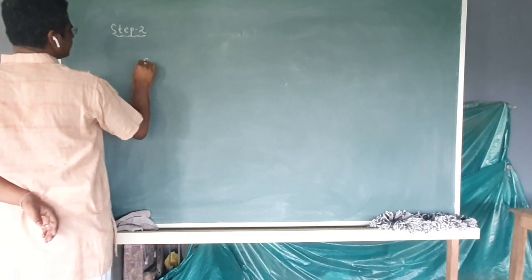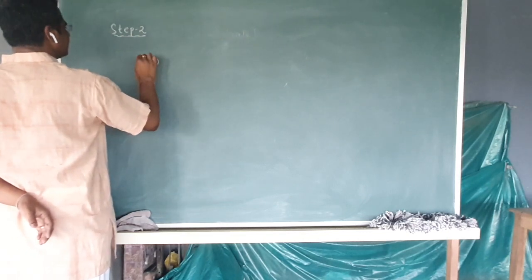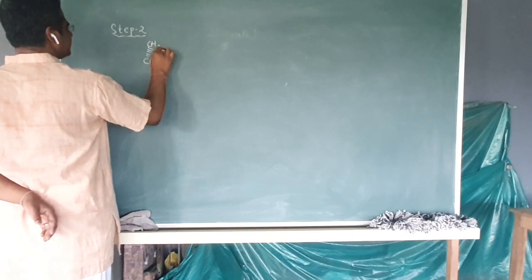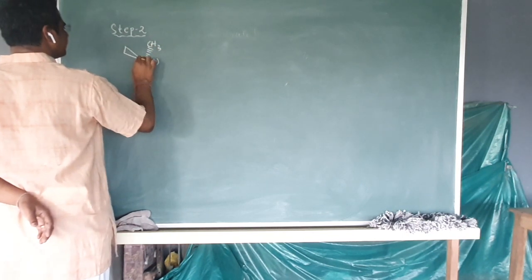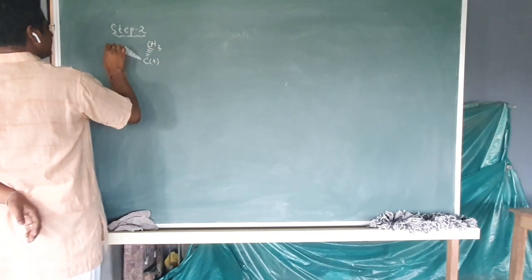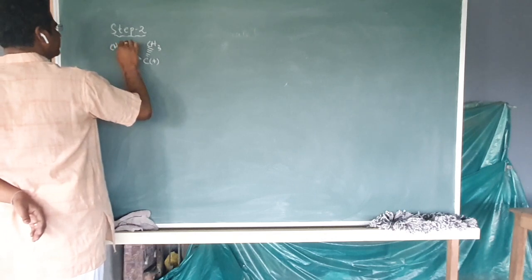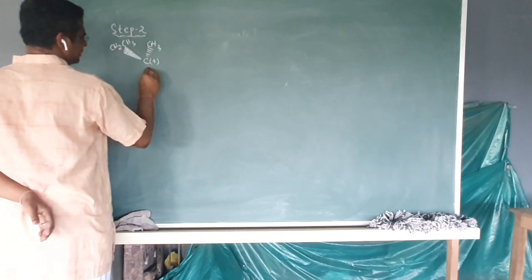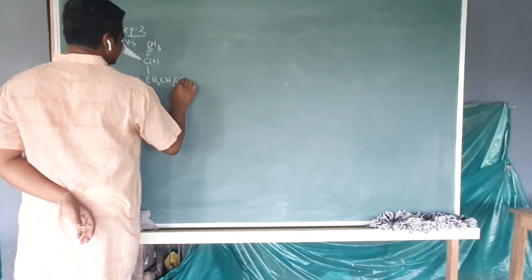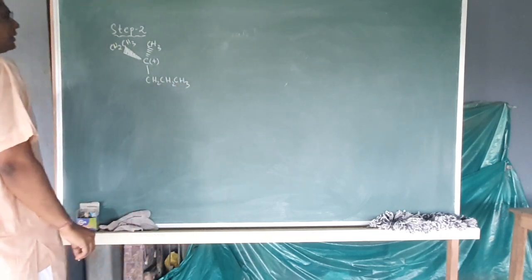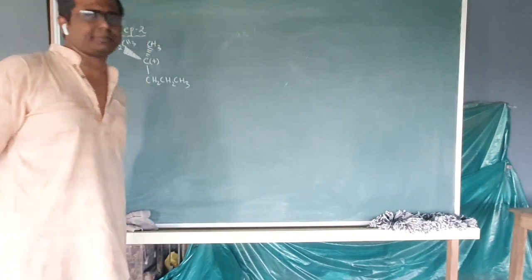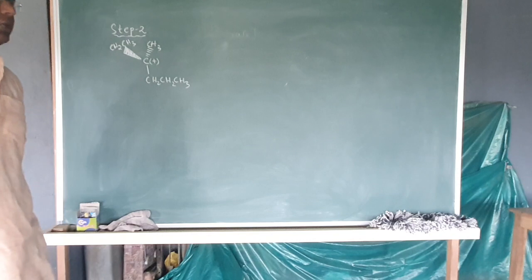So here is my carbocation. CH3, CH2 CH3, here is CH2 CH2 CH3. Okay? Now what will attack? A nucleophile is going to attack. What kind of nucleophile are we talking about?